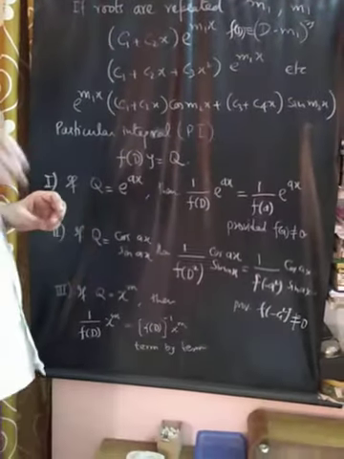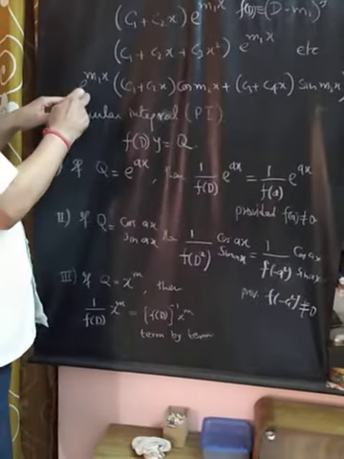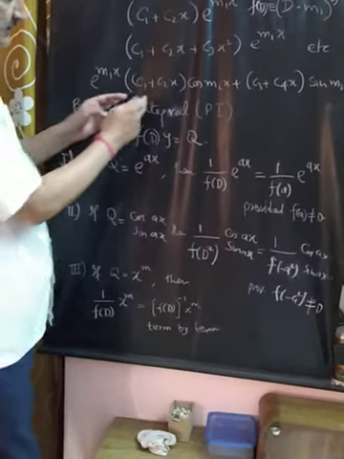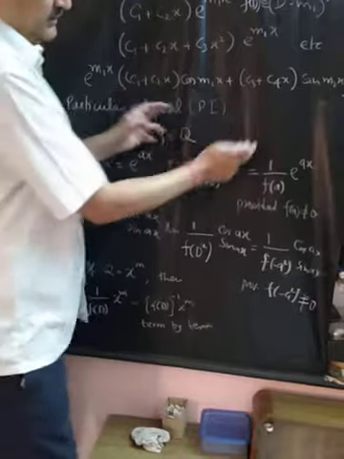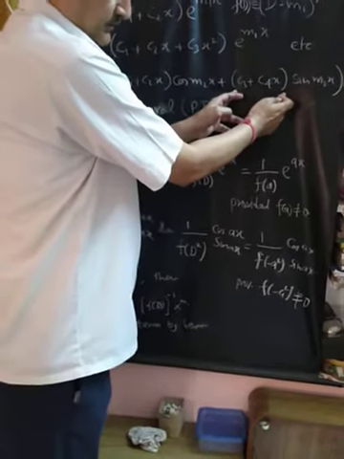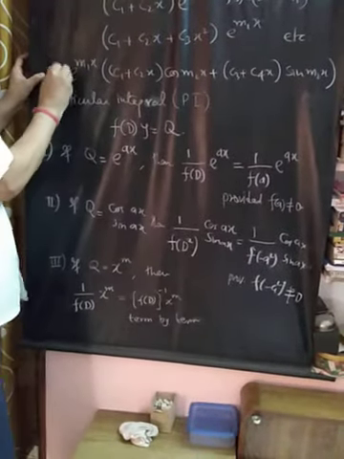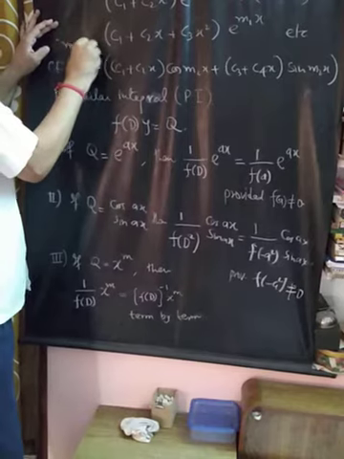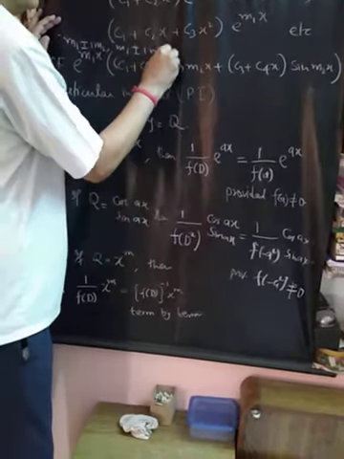If a root is repeated which is a complex number, then the complementary function will be e^(m1 x) [(c1 plus c2 x) cos m2x plus (c3 plus c4 x) sin m2x]. This is the complementary function if the root m1 plus minus i m2 is a repeated root.